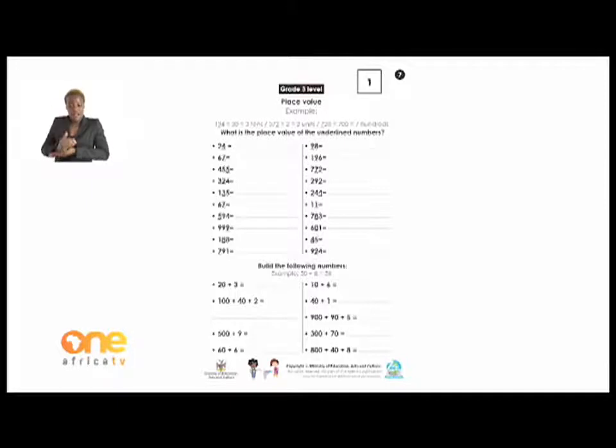Remember, in our previous lessons, we learned how to break up numbers. But this time, we have to build the numbers. What do we do when we are building up numbers? 20 plus 3, if it has to become one single number, what can we do?